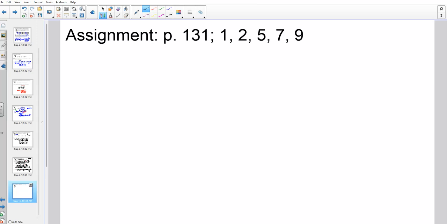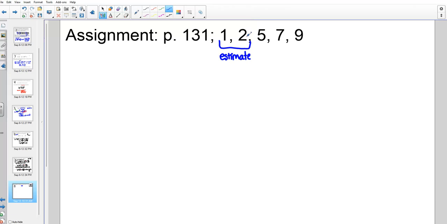Okay. I do need to note something here. 1 and 2, these are asking you to estimate from the graph. You are not doing limit definition of a derivative at a point here. They did do something a little bit differently on 5, 7, and 9 than what I did in the notes.